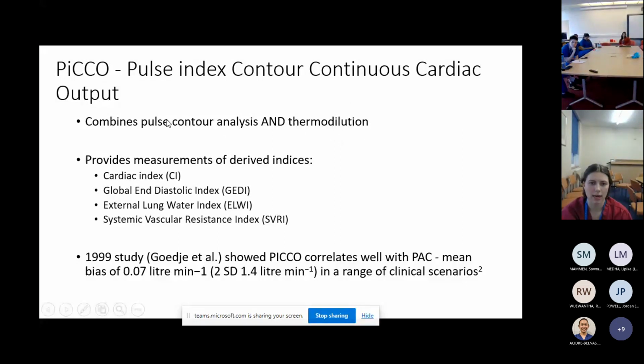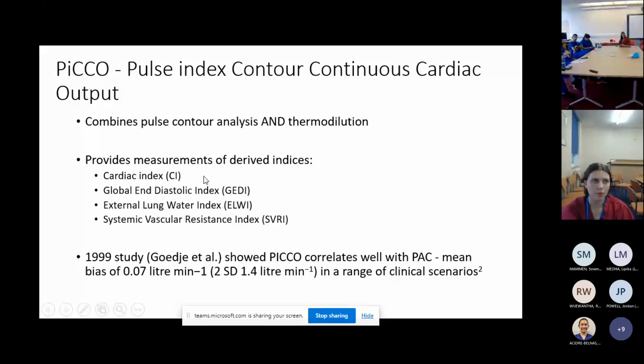So the pulse contour analysis will be running continuously, and then the thermodilution will be used every 1 to 4 hours to provide a more gold standard method of measuring the cardiac output, and just to check that the pulse contour analysis isn't completely far off the true value.